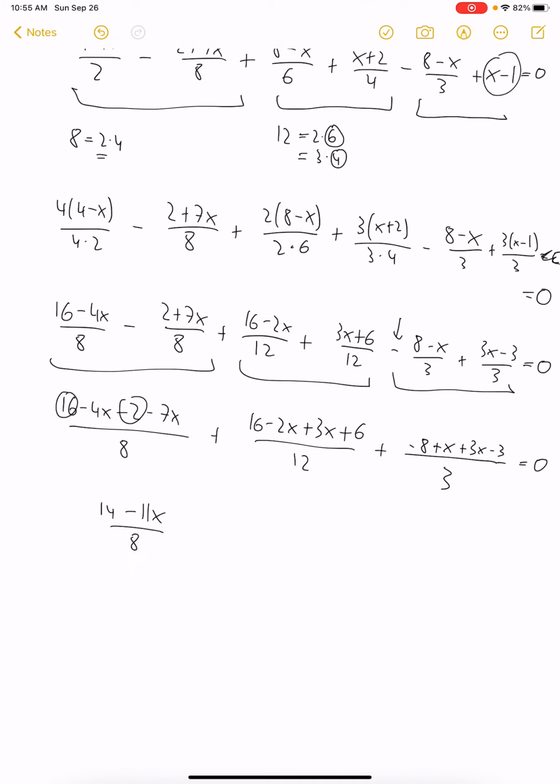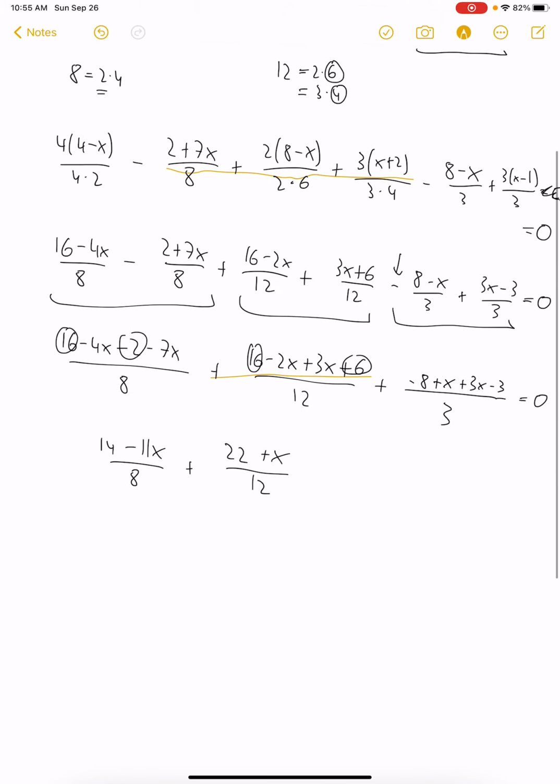In the second term, we have 16 plus 6, which is 22, and 3x minus 2x is plus x over 12. And in the last term, we have minus 8 minus 3, which is minus 11, plus 4x over 3 is equal to 0.